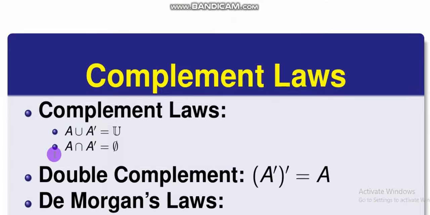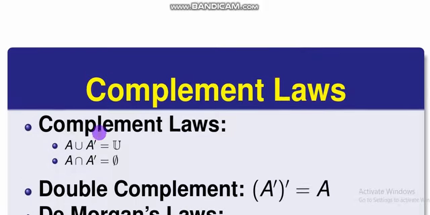So we have the next one, complement laws, the laws about the complement of a set. Now if you have set A and you are finding the union of that set A with the complement of A. Remember, the complement of a set is a set of all elements that are not in A but are found in the universal set.